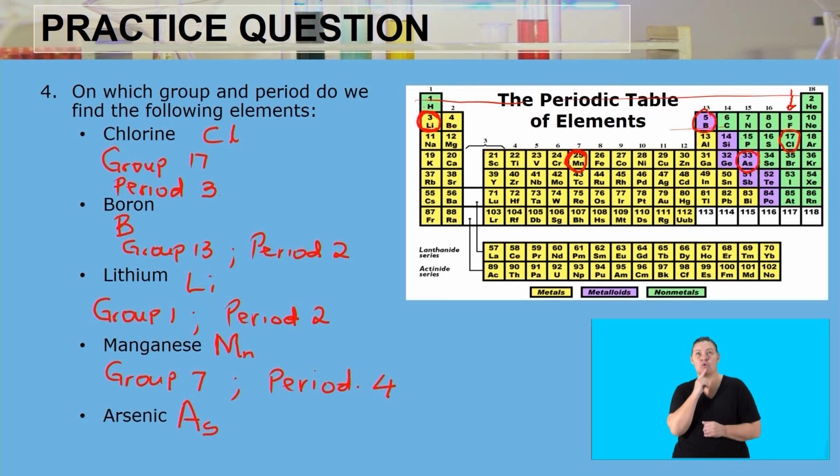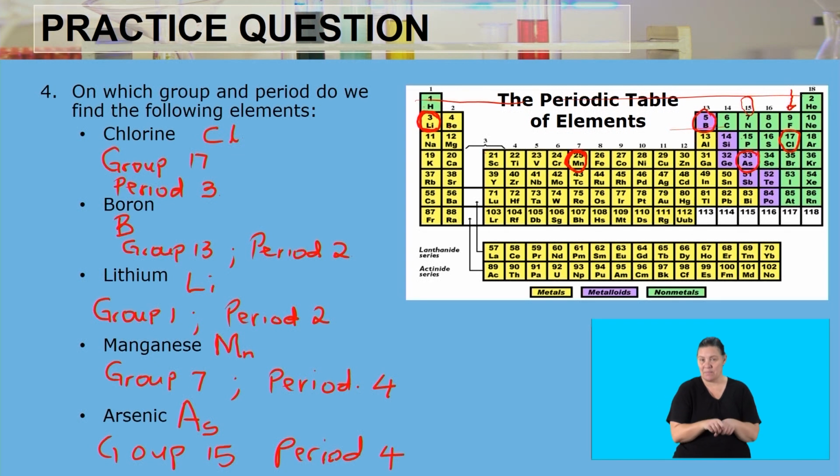We are finding our As, or our arsenic, in group 15, as you can see from the periodic table, or you can count from the left-hand side all the way to where you find arsenic. So it is group 15, and then period, let's count, 1, 2, 3, 4. So it's also found in period 4.